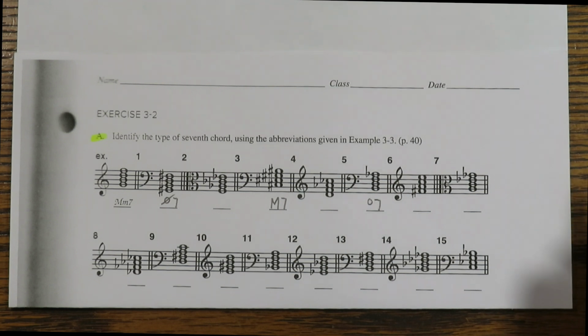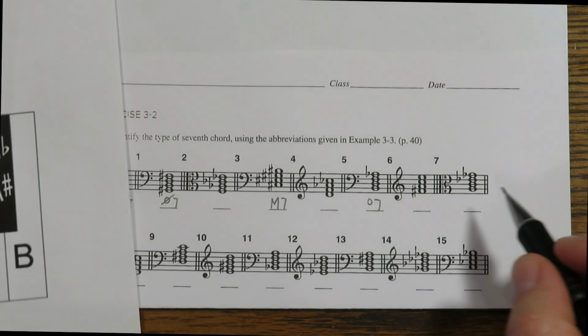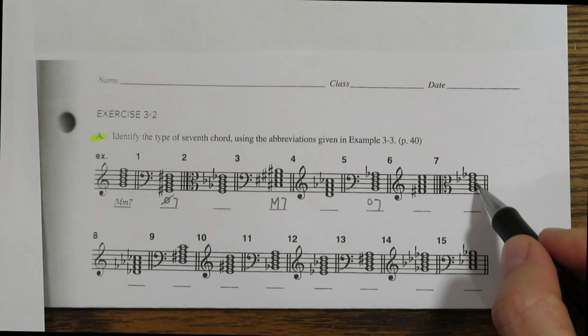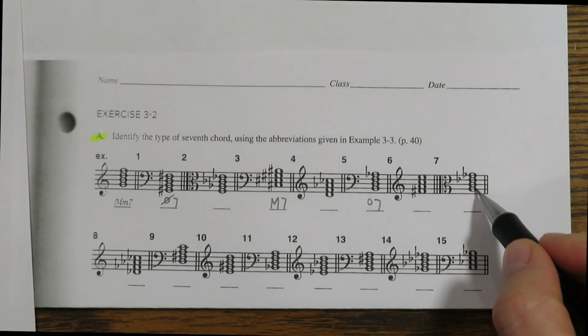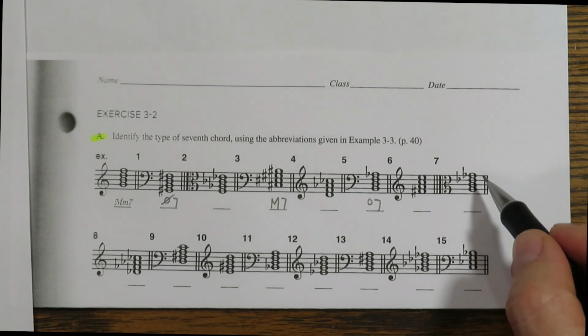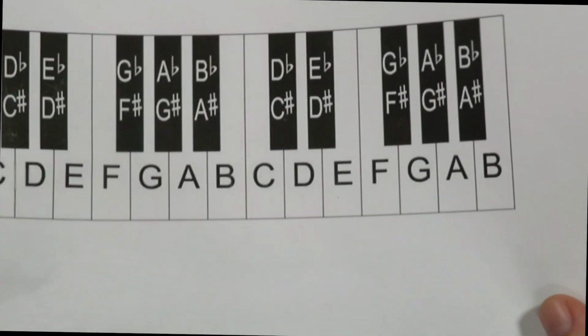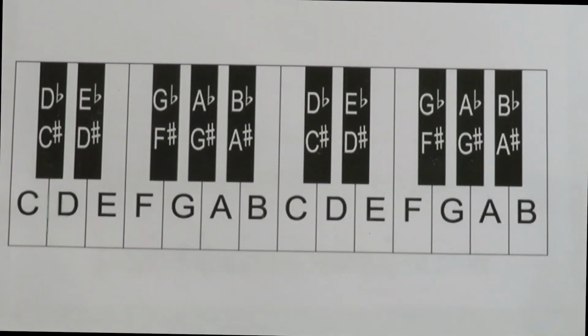Number 7. Okay, so we're in alto clef. We know this is a C. So this would be an A, C, E flat, G flat. Okay.